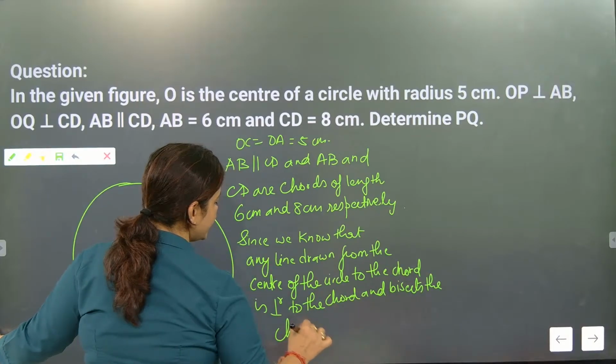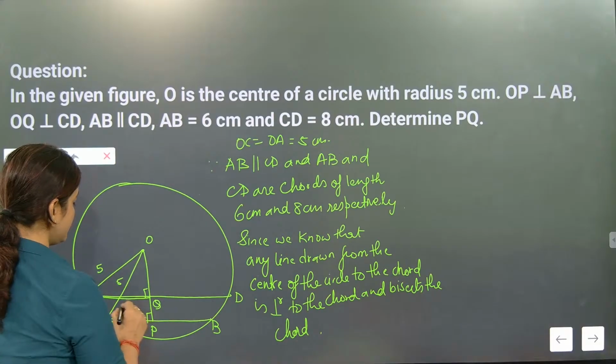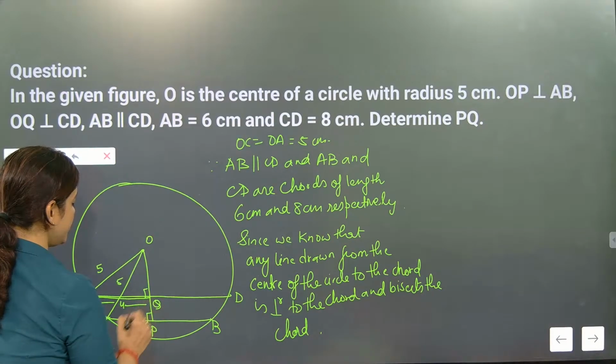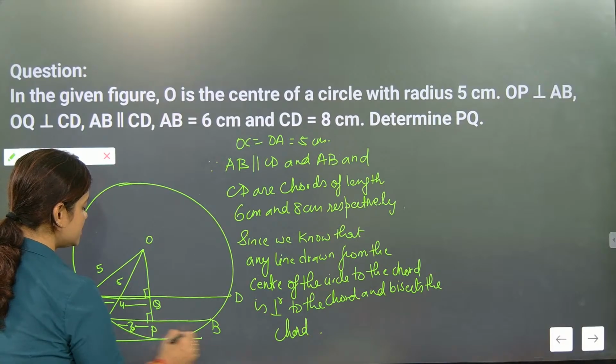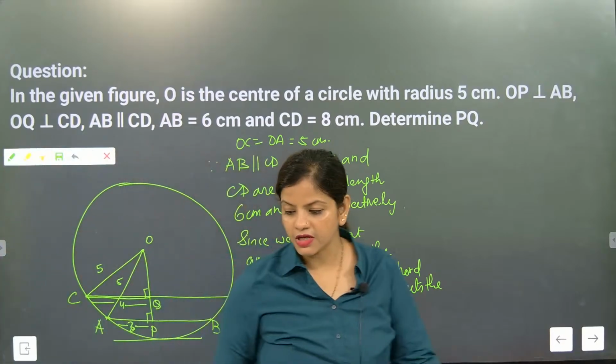So once we write like this, that means CQ is equal to 4 centimeter, and this one will come as 3 centimeter, because the total length is 6. So we will be able to find it by Pythagoras theorem.